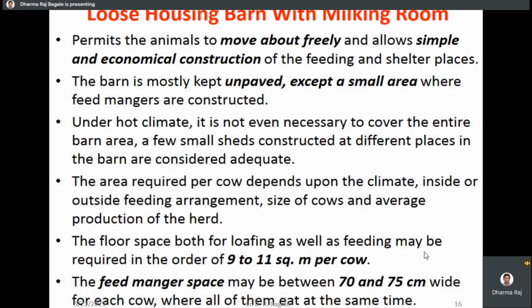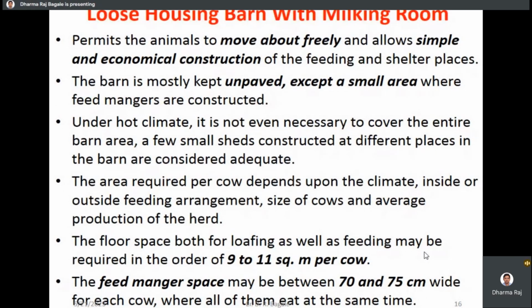It is a very simple and economical construction, because only a limited part of the farm is provided with shade and these pavings, and we can leave some part of the farm without shade, without pavement, so the cost will be reduced.